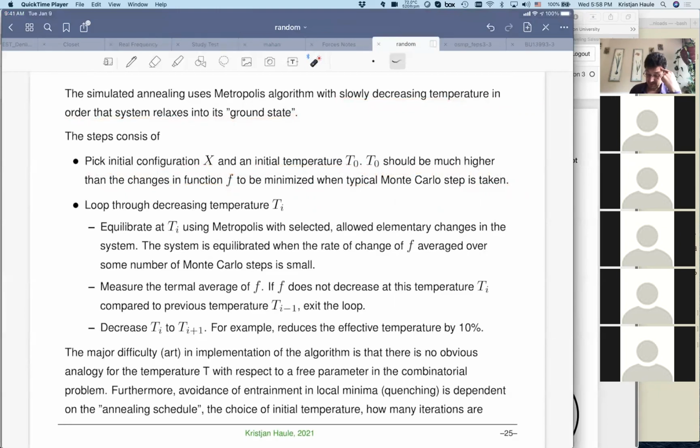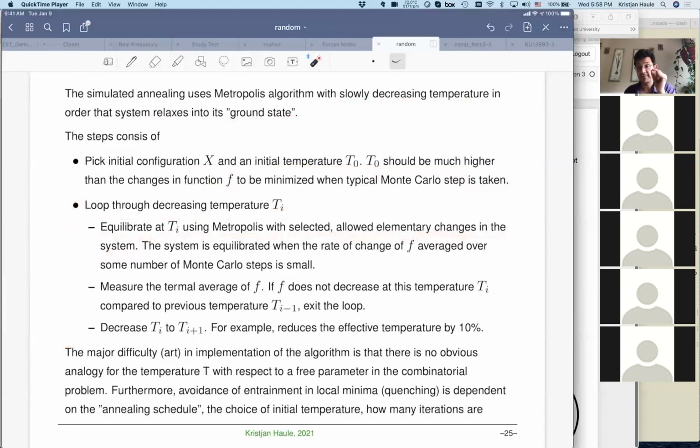Okay, so then what do you do? Well, you have a long loop through decreasing temperature. So change the temperature slowly. You pick a temperature, you equilibrate at this temperature using Metropolis with selected allowed elementary changes in the system. Yeah, so this is of course an issue here, allowed elementary changes in the system.